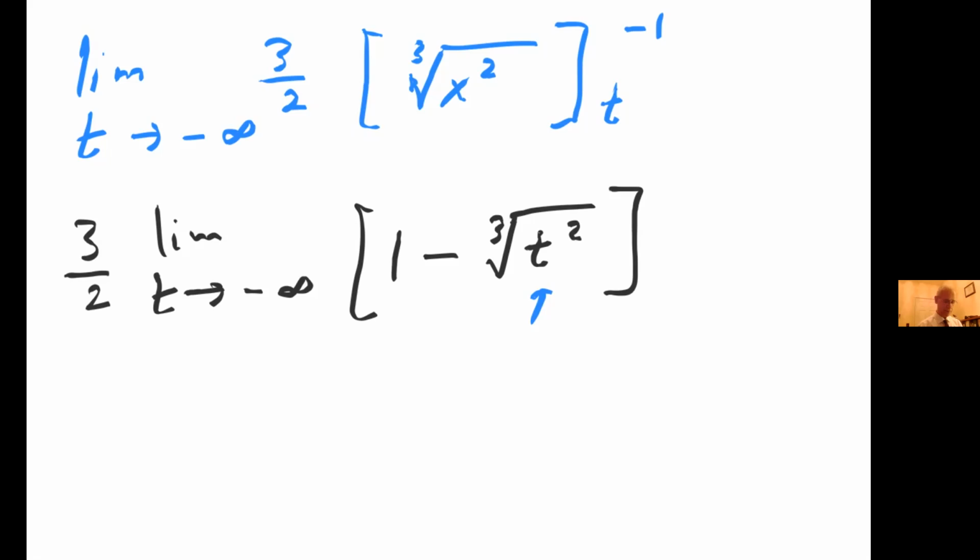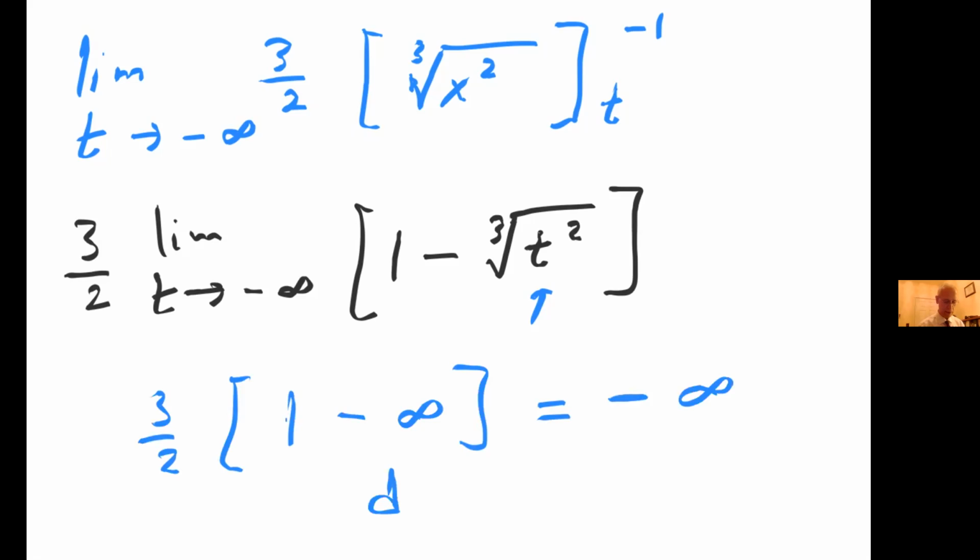So what I'm left with is 3/2 times 1 minus infinity. And so that equals 3/2 times 1 doesn't make that much difference, just a 3/2, but a 3/2 constant times negative infinity is still negative infinity. So this one is divergent.